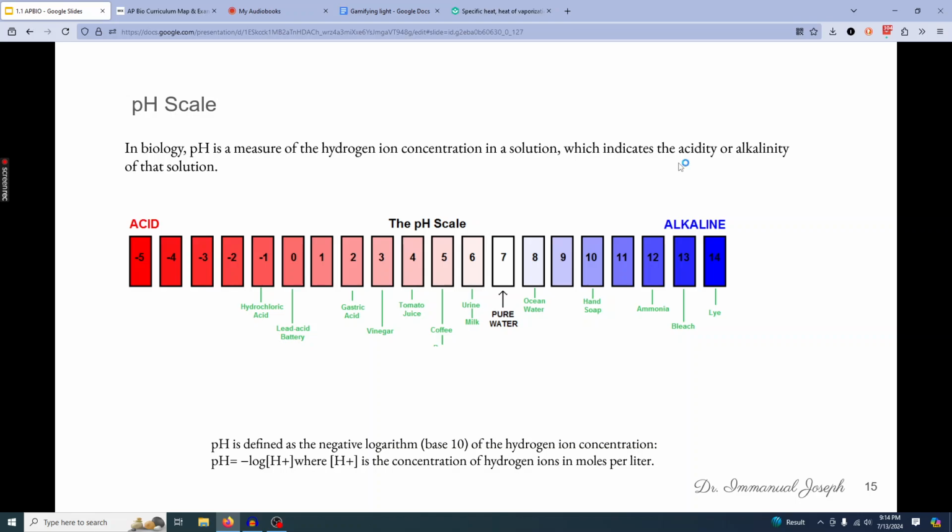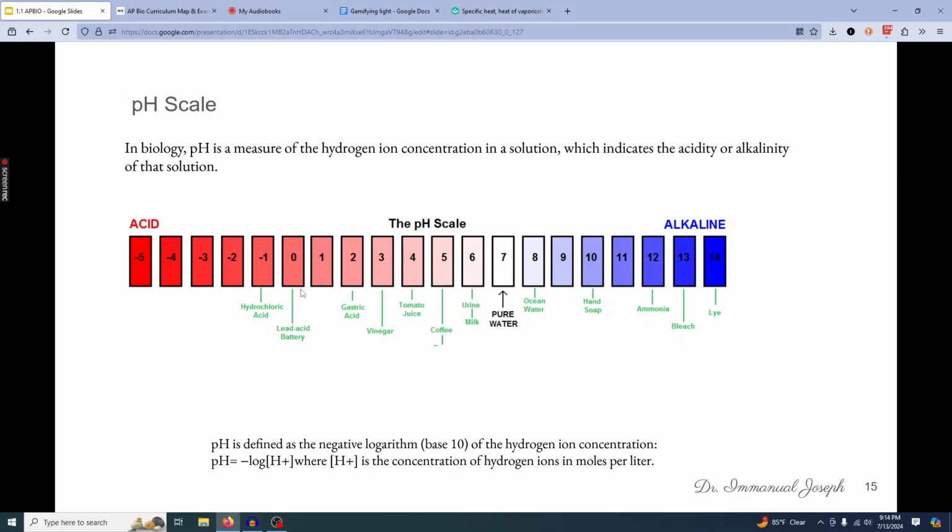So if you have more hydrogen ions, then you have less pH, and the more hydrogen ions a solution has, the more acidic it is. If you have fewer hydrogen ions, then you have more pH, and the more pH there is, the more basic or alkaline that solution is.